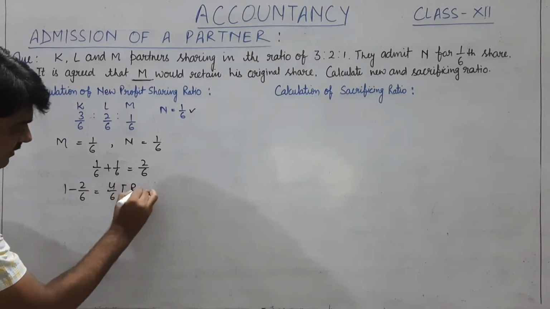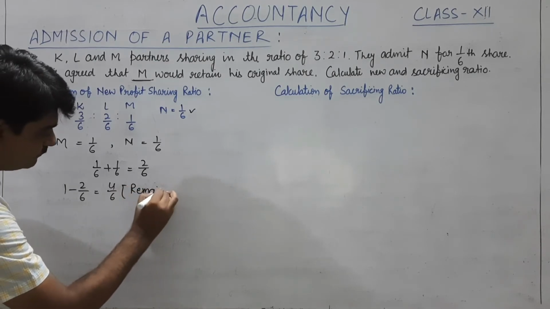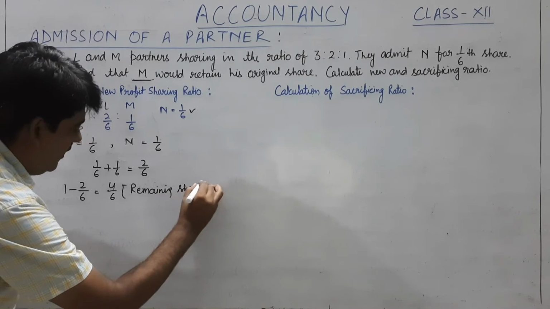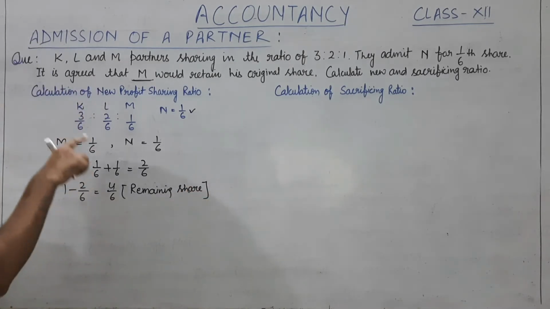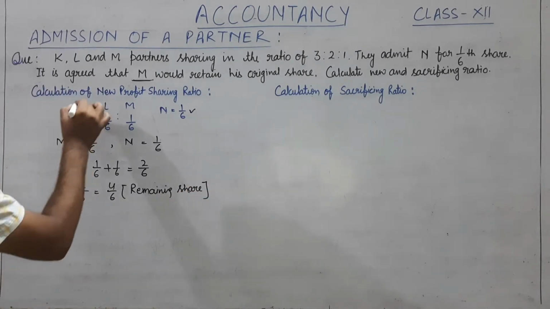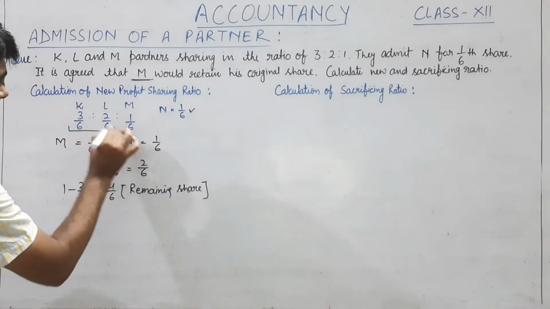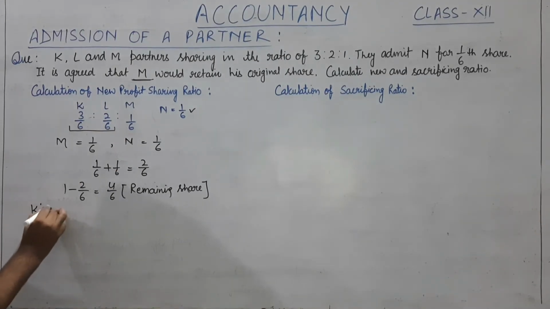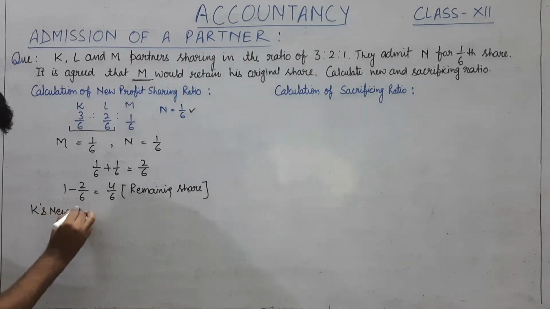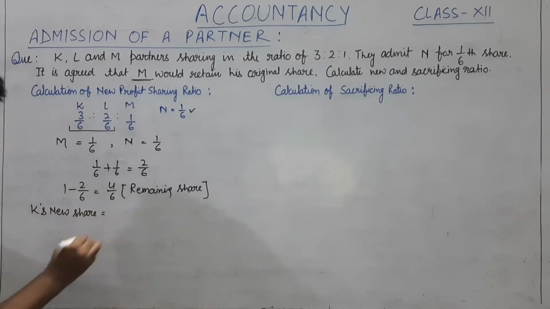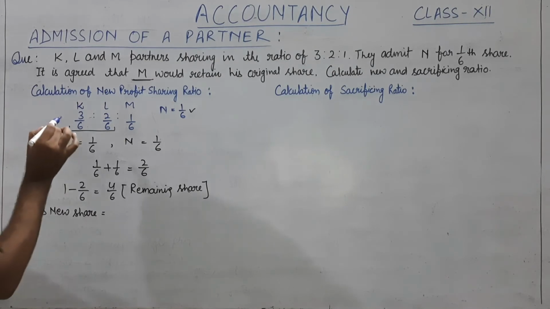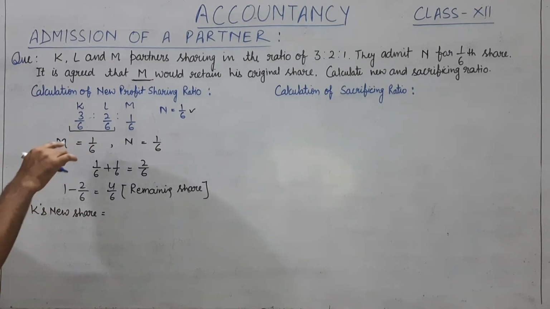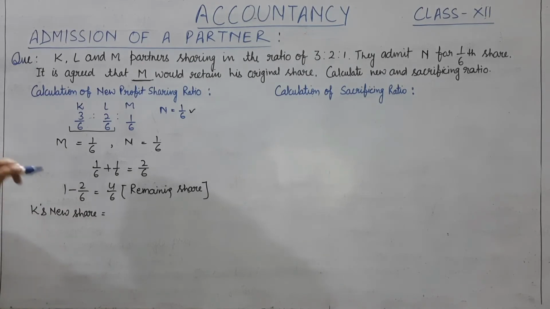This is the remaining share. Now we will distribute this share among K and L. So K's new share will be, now K's share will be 3/5 and L's share will be 2/5. Okay.